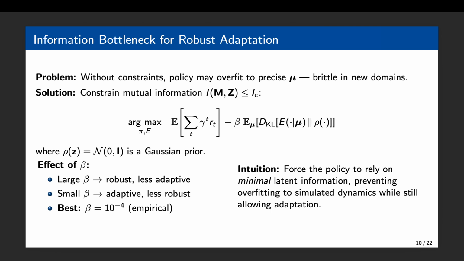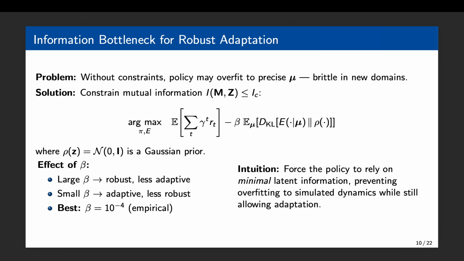In practice, this is implemented as a KL divergence penalty between the encoder distribution and the standard Gaussian prior, weighted by a coefficient beta. The effect of beta is intuitive. A large beta forces the policy to ignore most of the dynamics information, making it more robust but less adaptable.